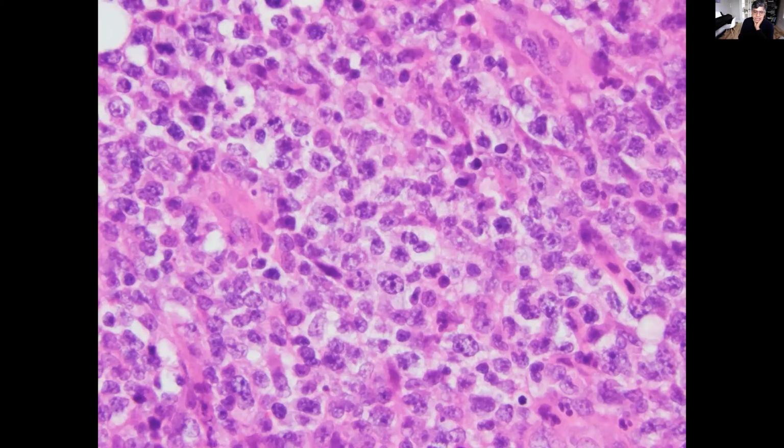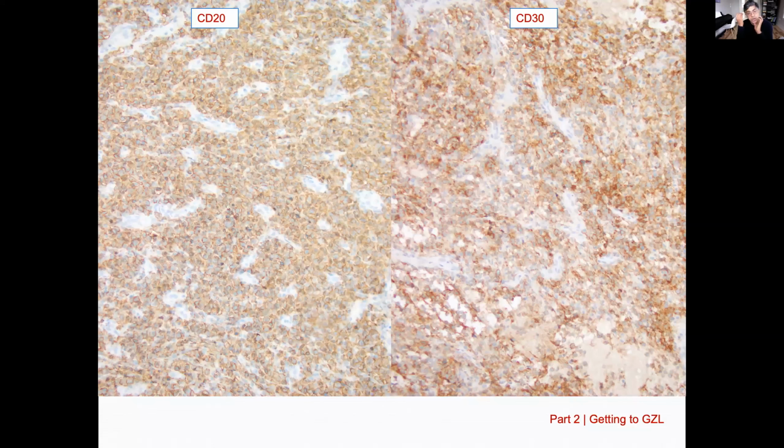And then stains were done. The tissue was suboptimally fixed, so the stains are not optimal here. But you can see that CD20 is diffusely positive in all the cells. And CD30 is also diffusely positive. It's kind of wimpy, but it's there. There's more than enough CD30 over there.